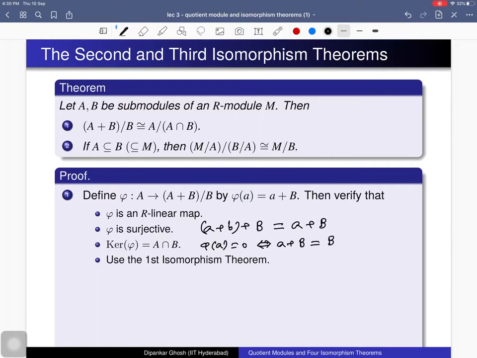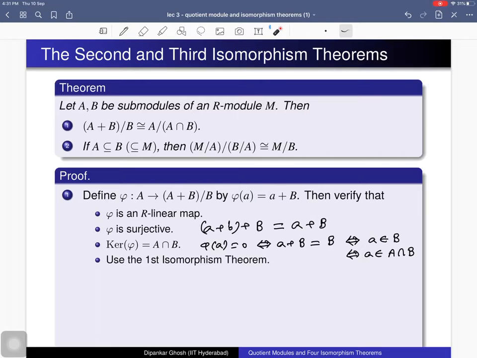So this is just B, and it is equivalent to say that a belongs to B, and a is already in the submodule A, so it is equivalent to say that a is in A intersection B. So kernel of phi is just A intersection B, and this is a surjective R-module homomorphism whose kernel is this one. So by the first isomorphism theorem, we have this isomorphism from A/(A intersection B) to (A+B)/B.